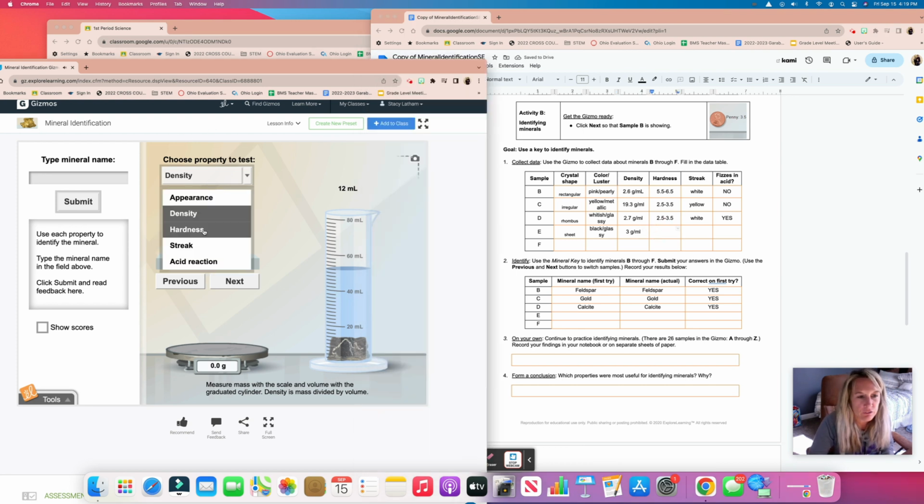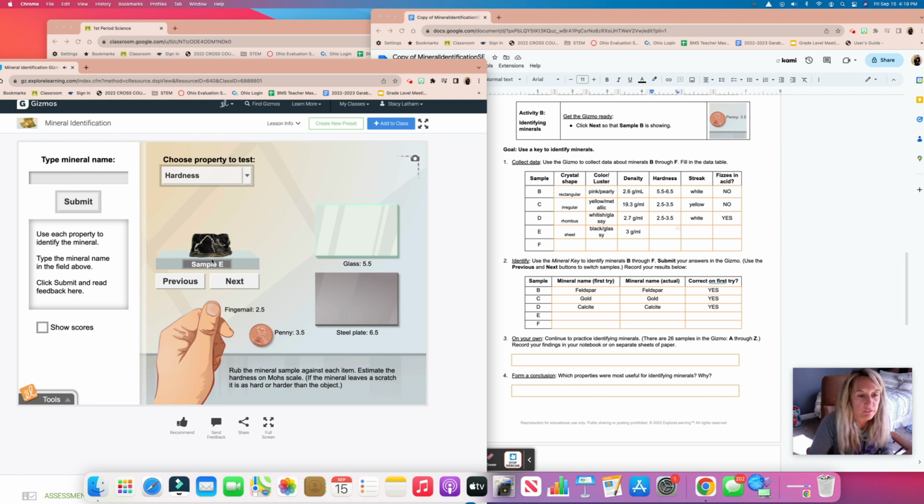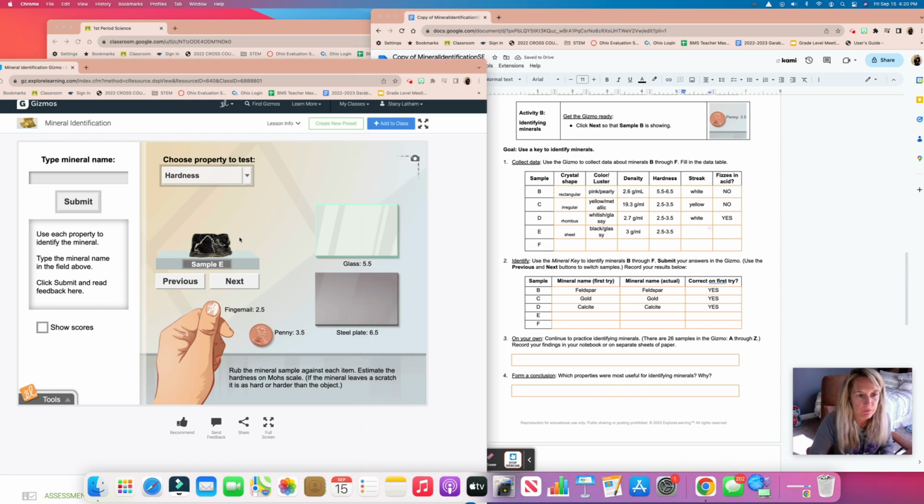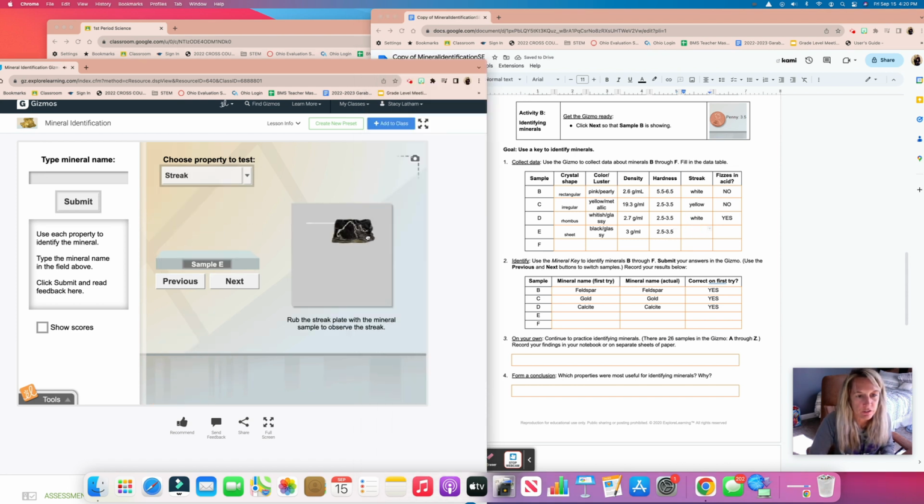All right, next one is hardness. Let's see if we scratch a fingernail. Yes, we do. So it's got to be harder than a 2.5. Does it scratch a penny? No. So it's got to be between a 2.5 and a 3.5, where you could probably write 3. All right, streak.